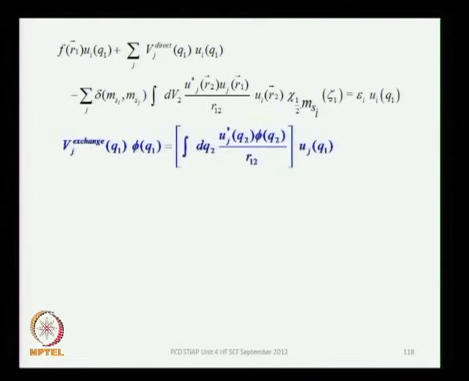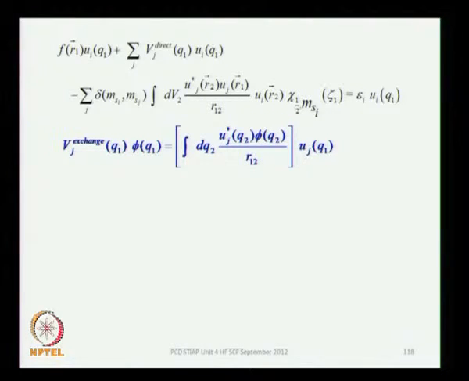and now let us define an operator which is called the exchange operator. It is defined by this relation here. It is defined in such a way that whenever it operates on an arbitrary function of q1, okay, it will generate this quantity on the right hand side. That is the definition of the exchange operator. Okay.